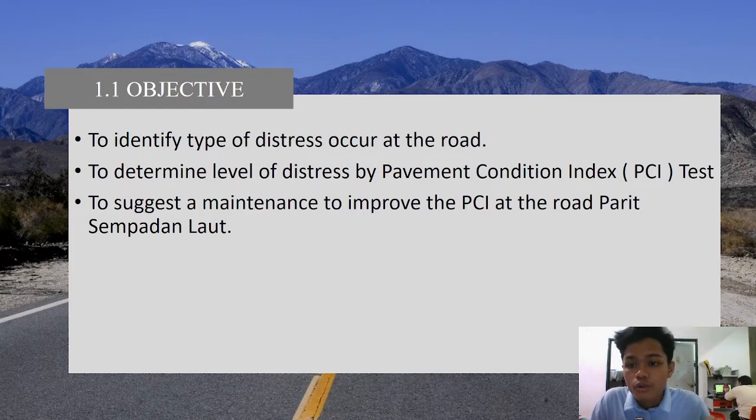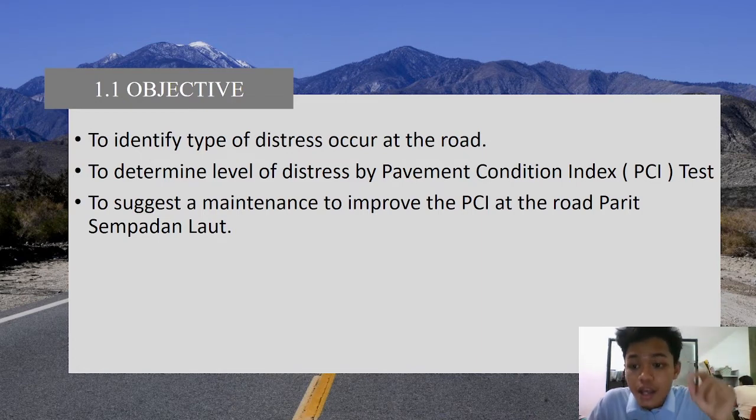Okay, so the objective of this project is first to identify the types of distress that occur at the road, which is Parit Sempadan Laut, Batu Pahat. Second, to determine the level of distress by the pavement condition index PCI test, which is when we get the distress of the road, we can determine the level of distress by using the PCI test.